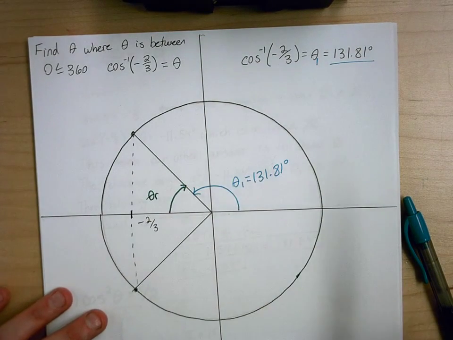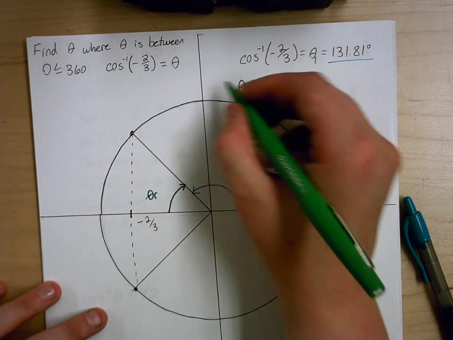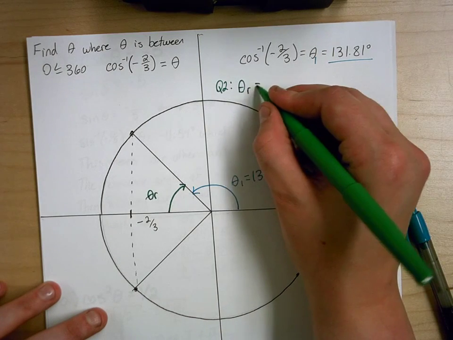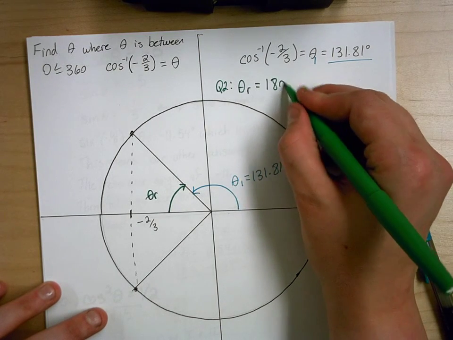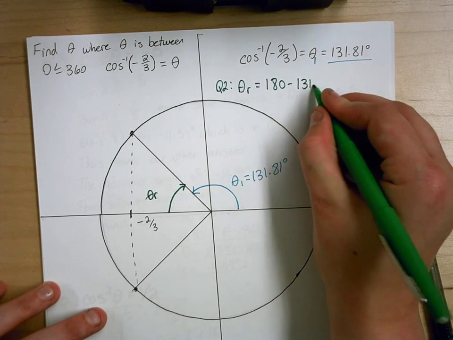All right, now because we terminate in quadrant 2, I know that theta r is going to equal 180 minus my angle, which is 131.81.